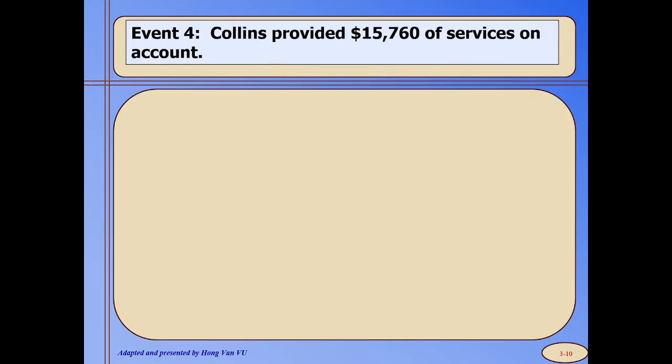Transaction number 4, Collins provided 15,760 euro dollars of services on account. So now they provided services on account. It means that the client will pay them later.